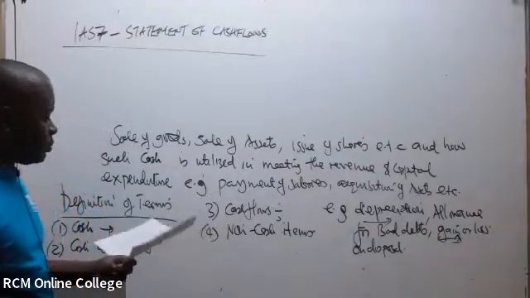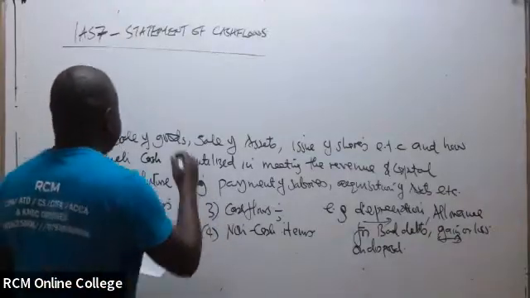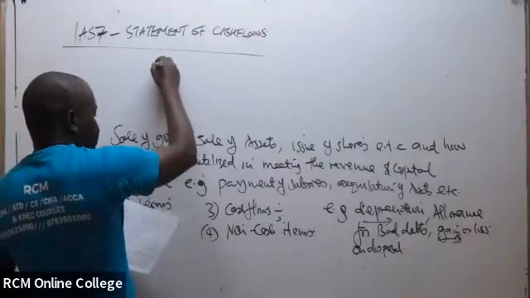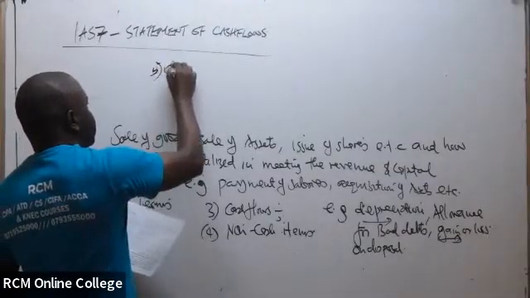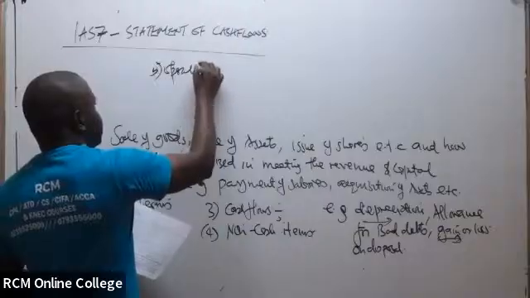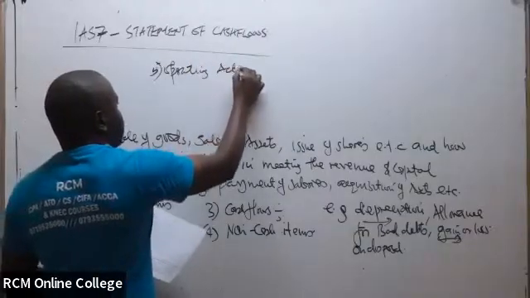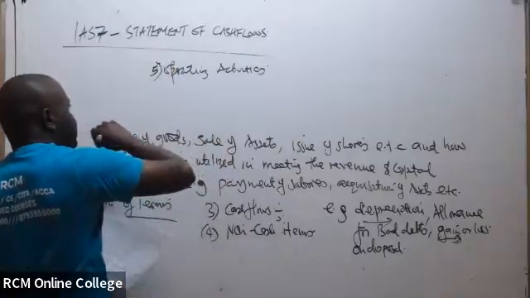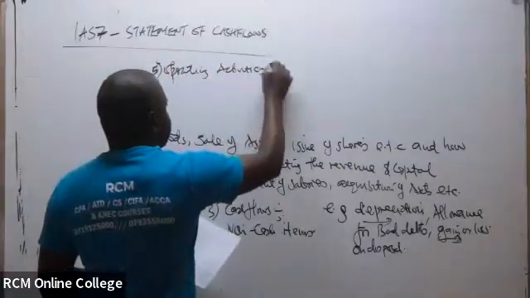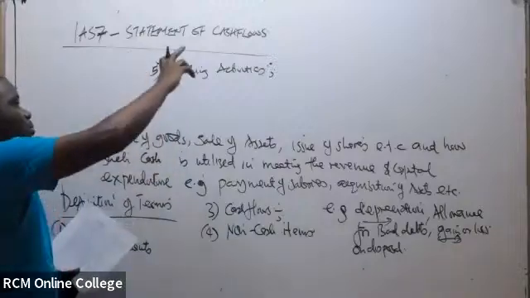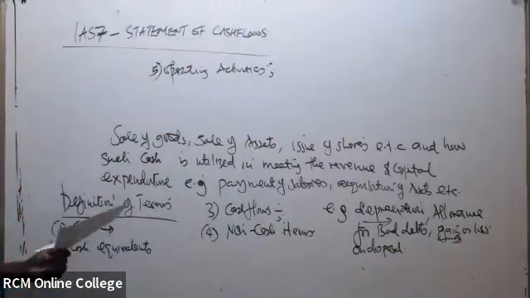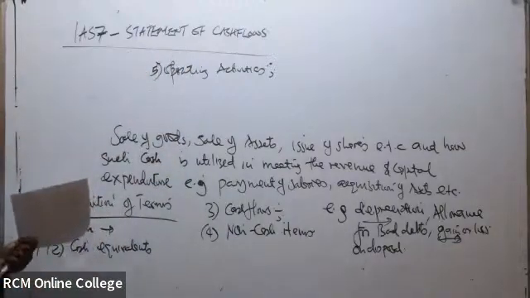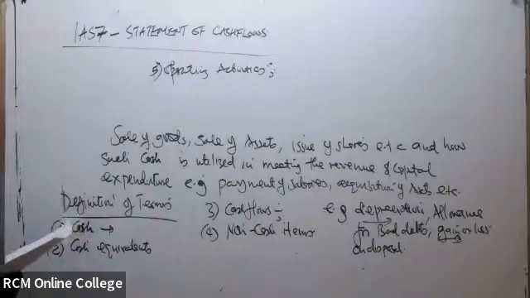Then another term we have is operating activities. So what are operating activities? It is one of the components of a statement of cash flow. We'll categorize some of the activities as operating activities.